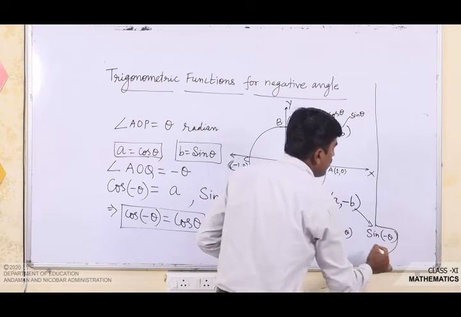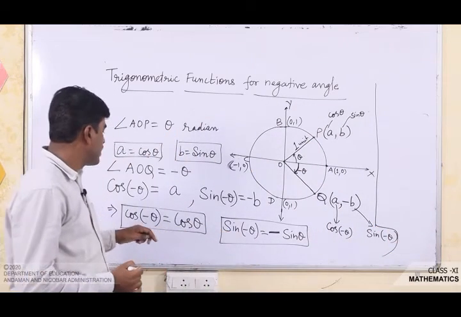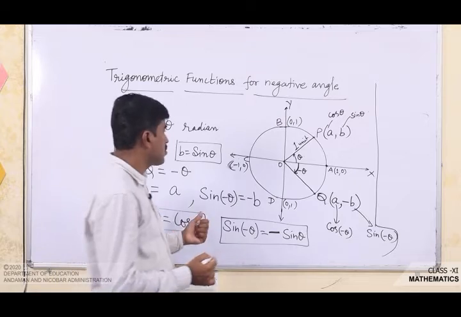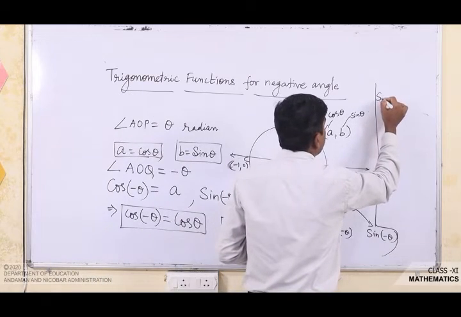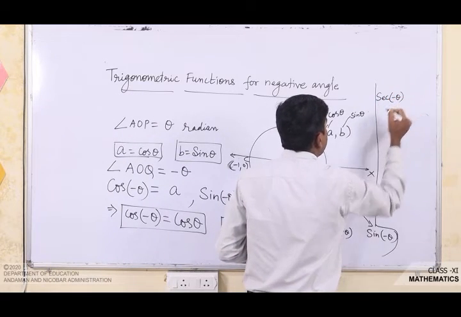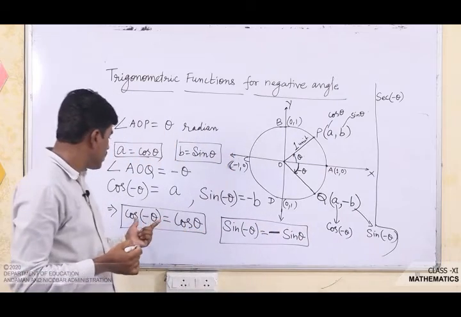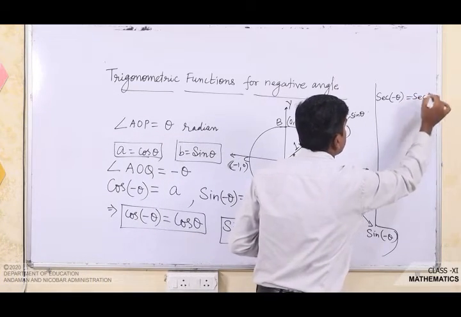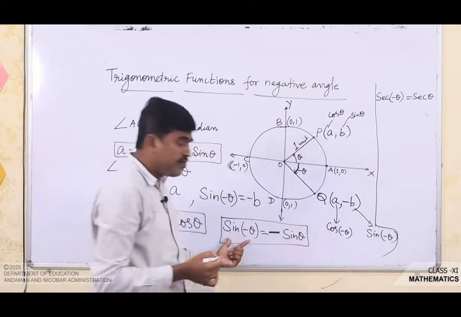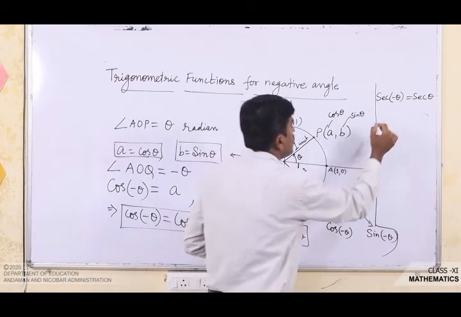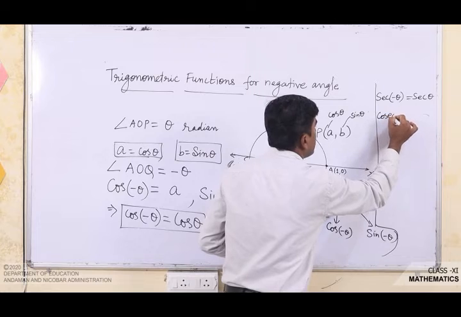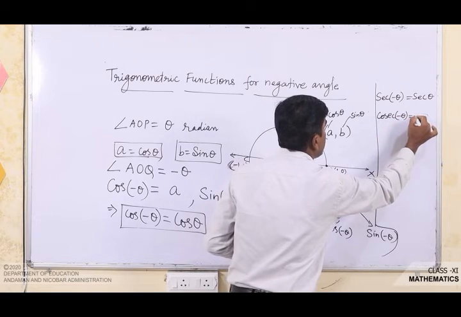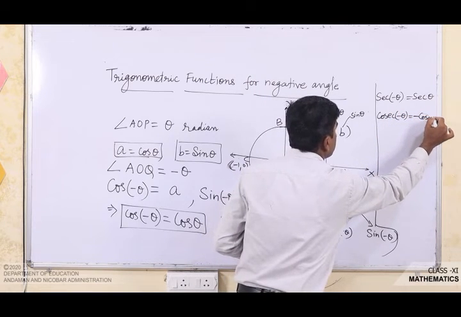Okay, so from these two results we can find the values of negative angles for other trigonometric functions. That is, cos of minus theta is cos theta. So we can write sec of minus theta, as sec theta is the reciprocal of cos theta, so sec of minus theta is also equal to sec theta. Now sine of minus theta is minus sine theta, so cosec of minus theta is minus cosec theta.